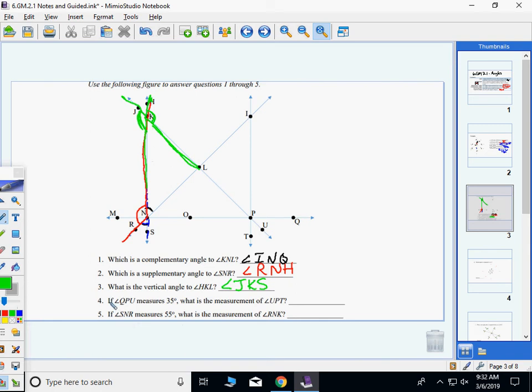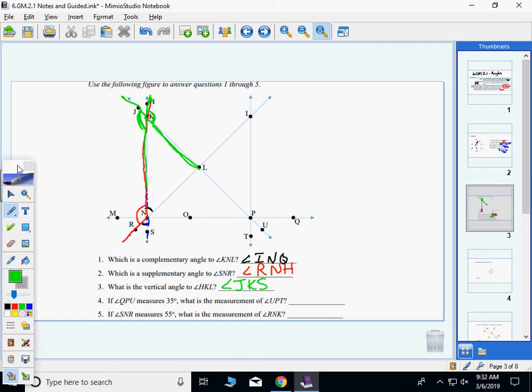Okay, so number 4, it says if angle QPU measures 35 degrees, what is the measurement of angle UPT? So I'm going to erase what I've drawn all over this just to clean that up a bit. So first I have to find QPU, okay?